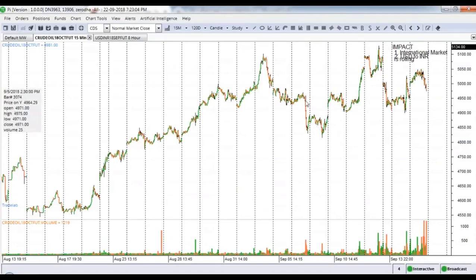Correct. So if the dollar rupee is expensive and in the international market crude came down from say $70 to $65, it is a fall of $5, correct? But in our Indian markets, you might not see a direct $5 fall.